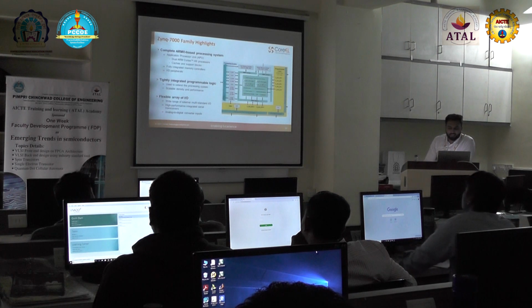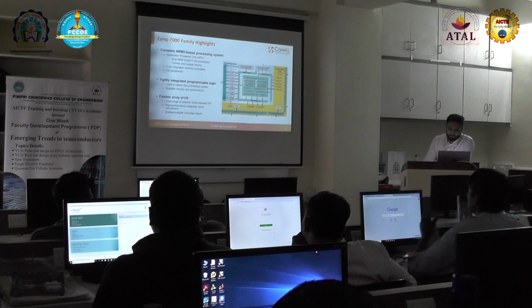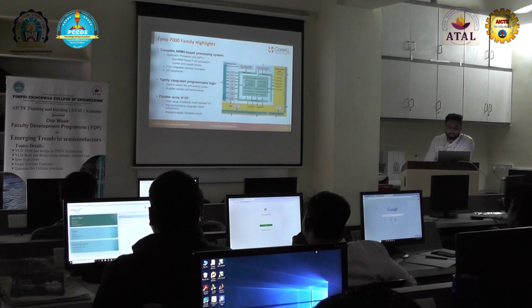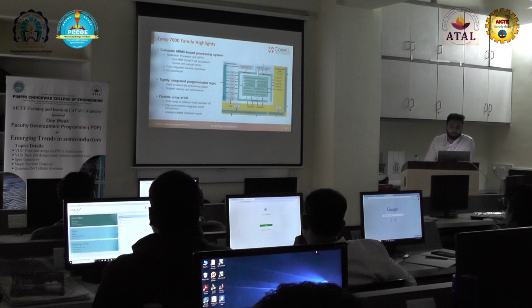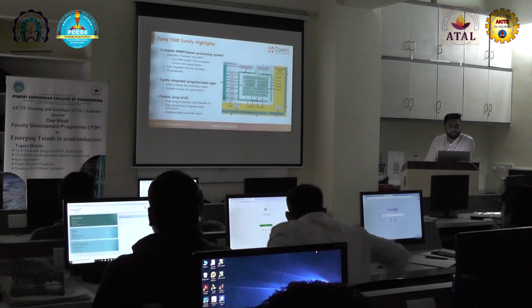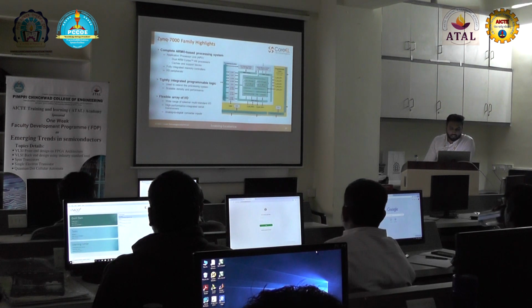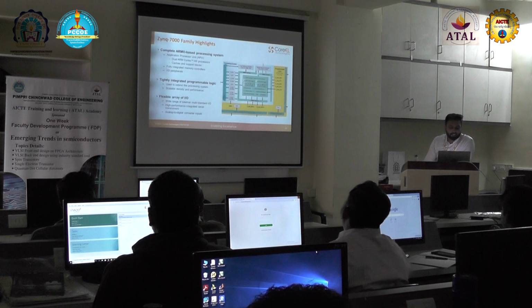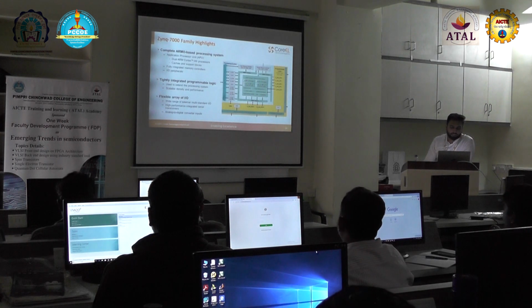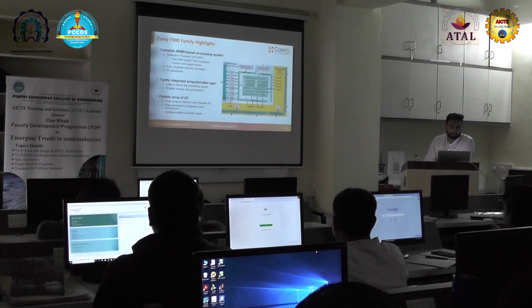Right? Here we are seeing 3 different colors: blue, light green, and yellow. So whatever is highlighted in yellow is the PL part, programmable logic. Whatever is light green is the APU, the application processing unit block diagram.